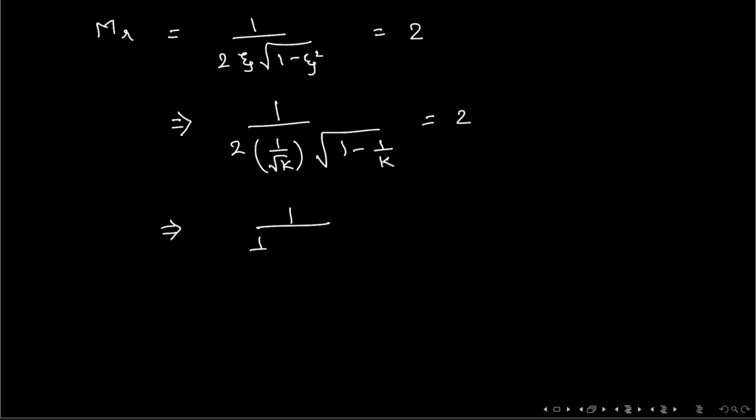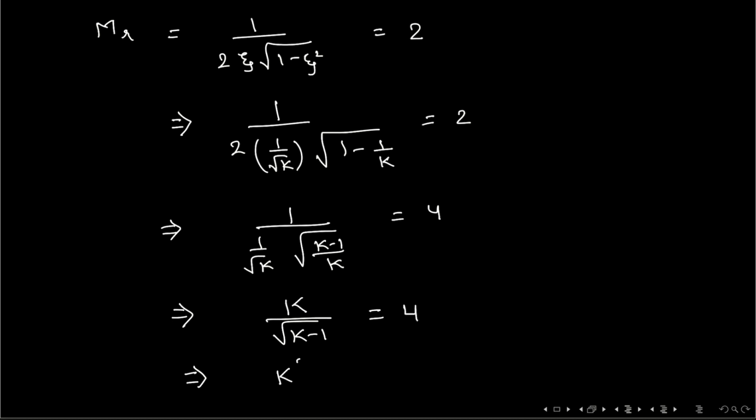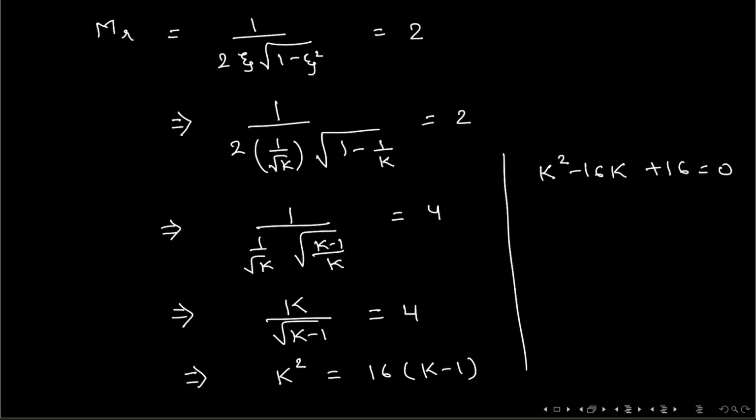This will be 1/√K times √((K − 1)/K), which gives K / √(K − 1)... so K over root of (K − 1) is equal to 4, which gives K² = 16(K − 1), which is equal to K² − 16K + 16 = 0.